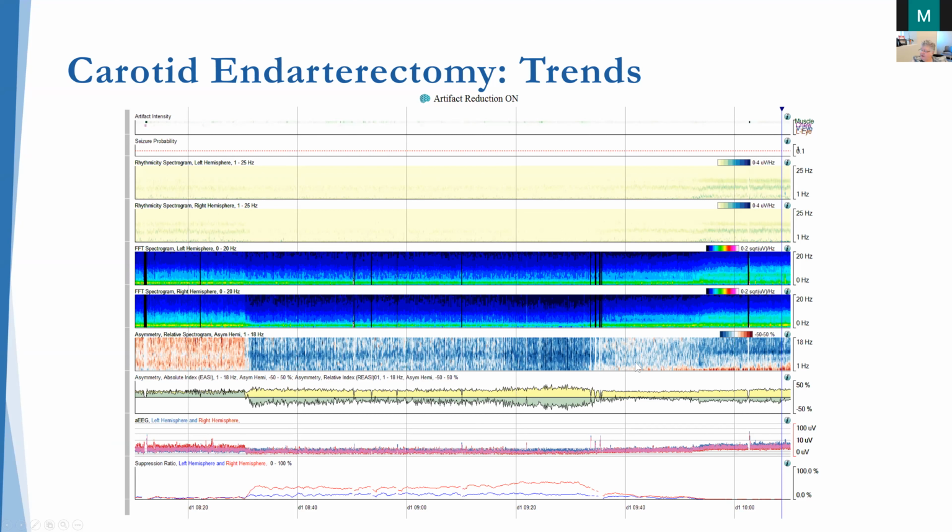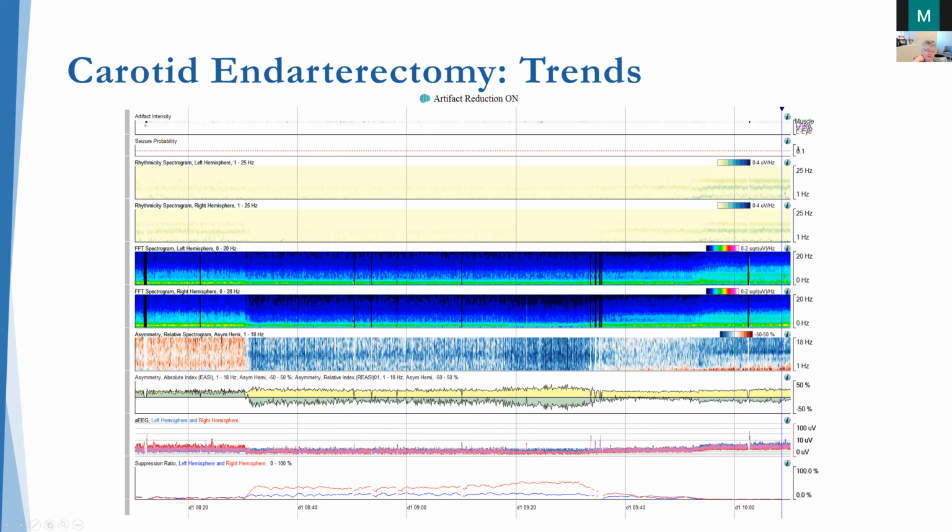And here is as the patient is being woken up from anesthesia. And we see again this relative paucity of fast activity over the right hemisphere so that it's more blue in the faster frequencies, and that delta activity, so low frequency being driven predominantly by activity over the right hemisphere.